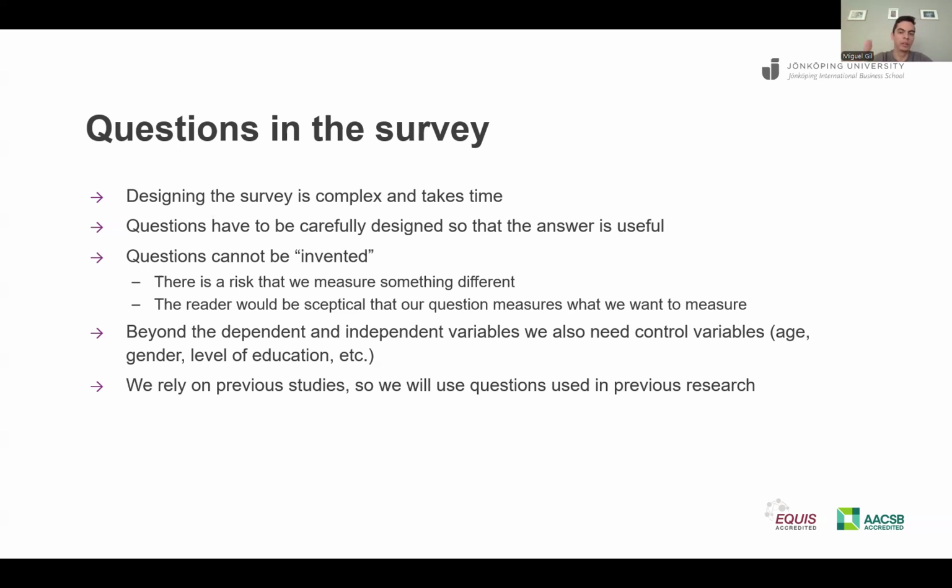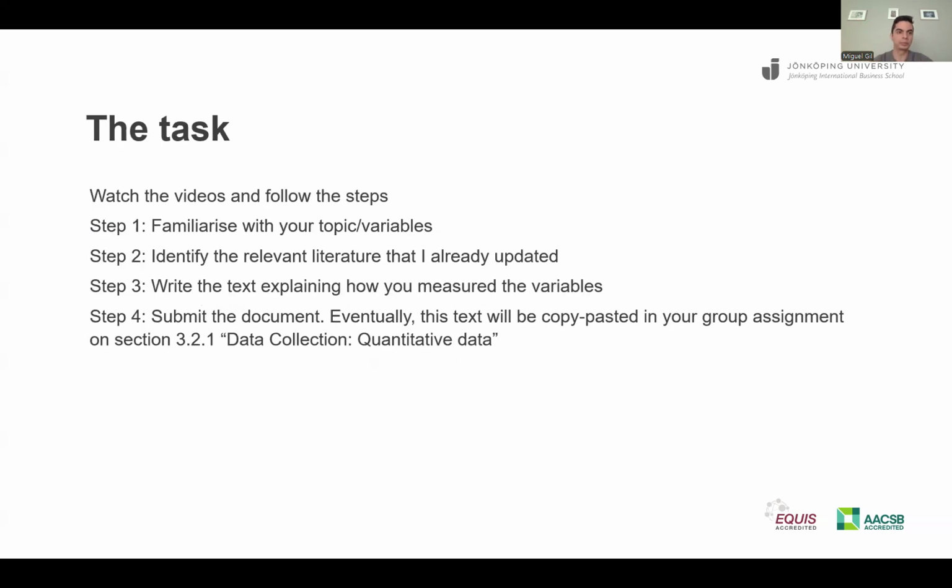We call them control variables because we are not going to test if gender is relevant or not, but it will help our model to be stronger, to give more explanation to the variance in happiness. You will learn more about control variables in the next lab when we do the analysis. But right now, just trust me that it's important to add more questions beyond only independent and dependent variables.